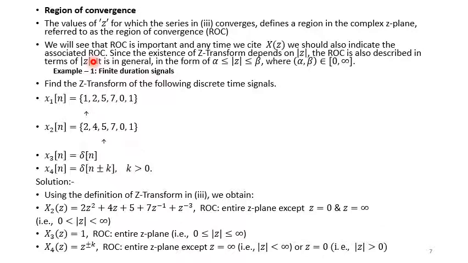We'll see the ROC is important, and anytime we cite x of z, we should also indicate the associated ROC, because for different signals we can have the same mathematical expression, as we had for the case of the Laplace, right? So the same mathematical expression can result from different signals. So that means ROC is a must, so that it makes it unique.